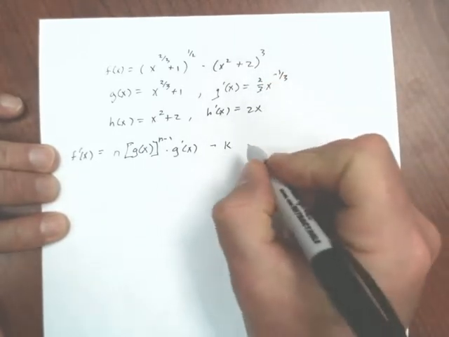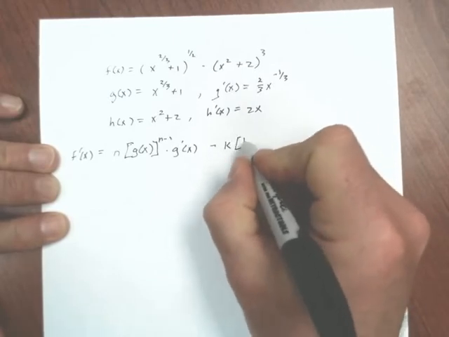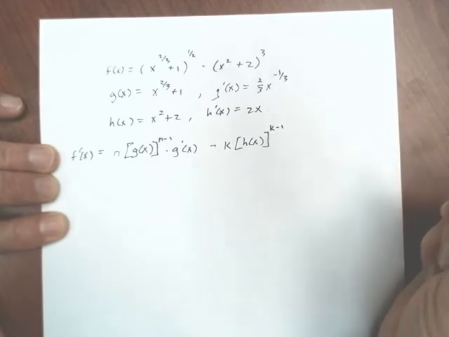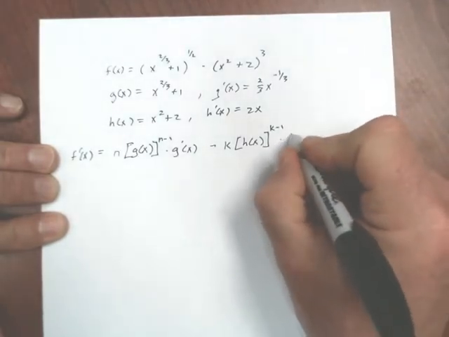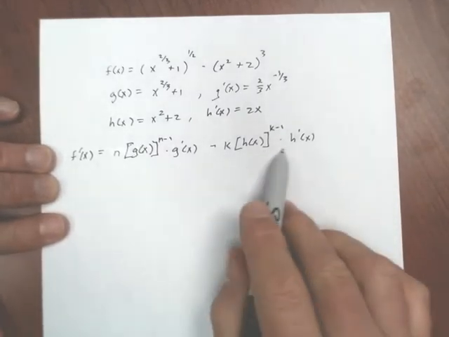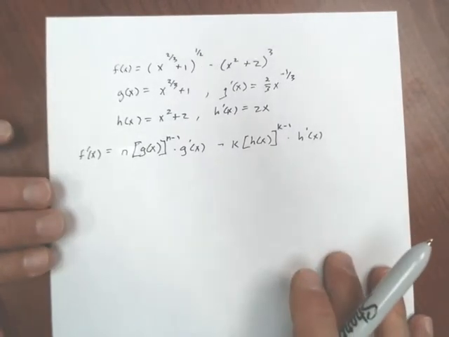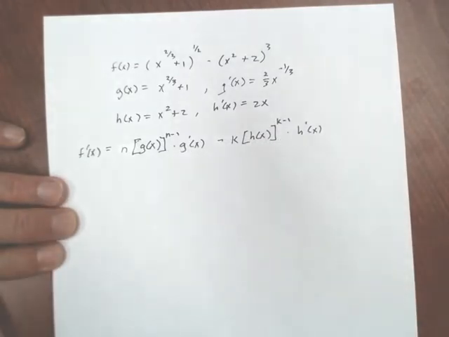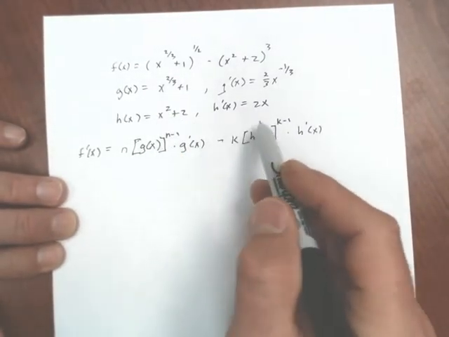So we'll say k times h of x to the k minus 1 times h prime of x. Okay, so this is what the rule would look like, doing the generalized power rule twice. Okay, so we're just going to plug everything in.